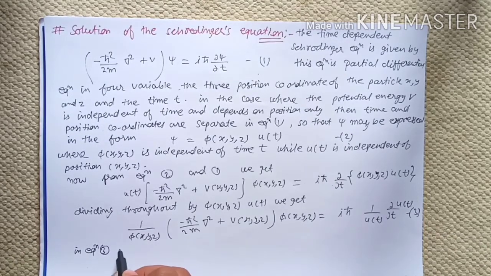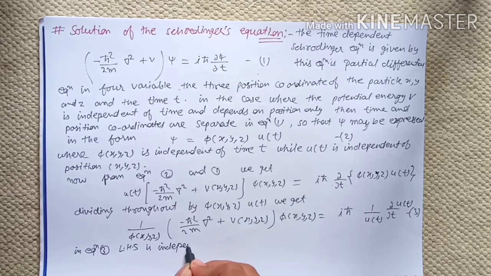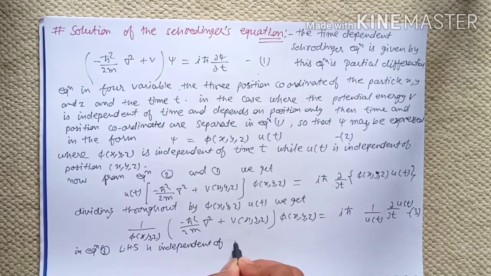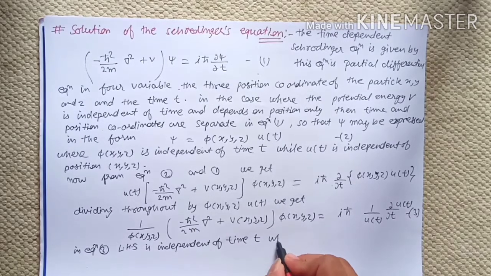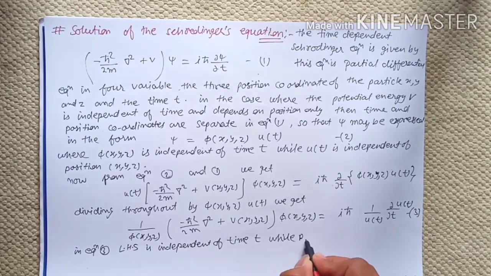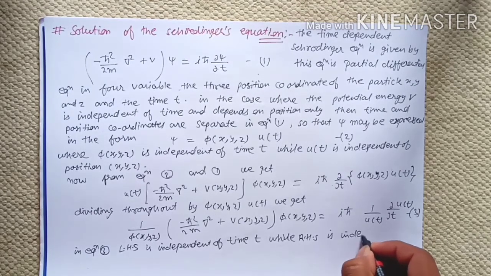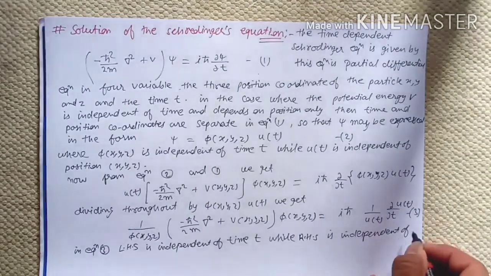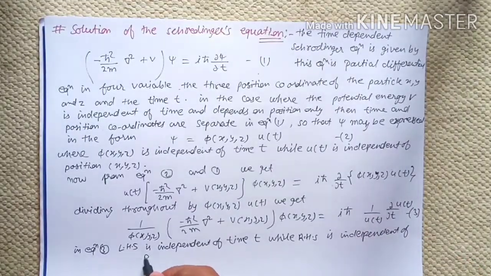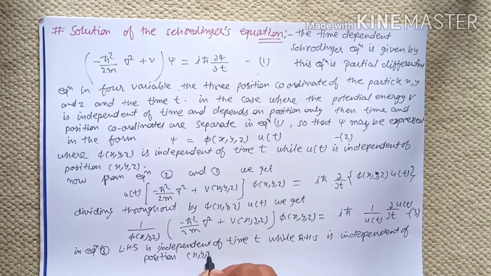In equation 3, left hand side is independent of time t, while right hand side is independent of position x y z.